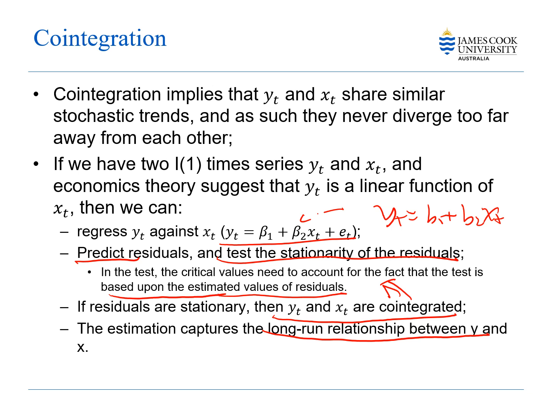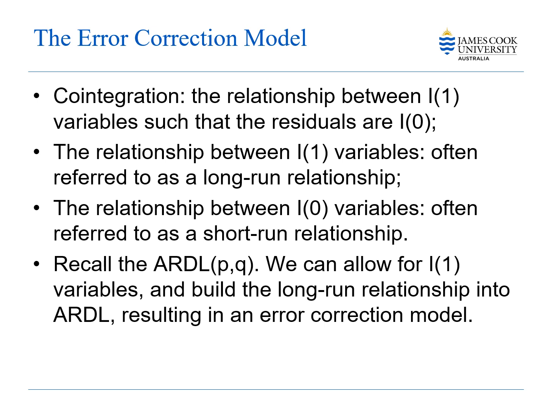So now we have a long-run relationship. Bear in mind that we are in a time series framework, so here dynamics is important. Okay. Co-integrating equation, what does it mean? It's the relationship between two or more I1 variables, such that their residuals are I0.